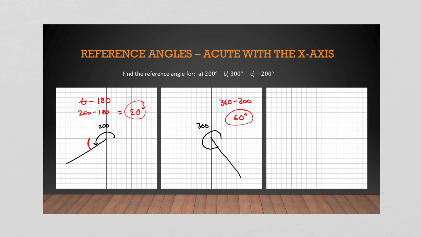And then negative works just the same. If we rotate negative 200, well, that's negative 90, that's negative 180, that's negative 200. So negative 200 is there, but my reference angle is right here. So what's my reference angle? Well, first off, that negative rotation doesn't really help me out. So let's use a coterminal angle to go 360 plus negative 200. So we're taking that negative 200 and we're rotating it back around so that our angle of rotation actually looks like that.